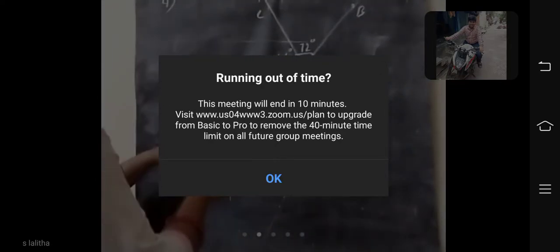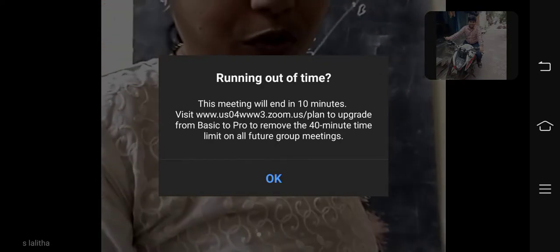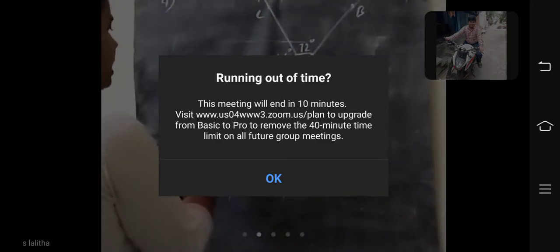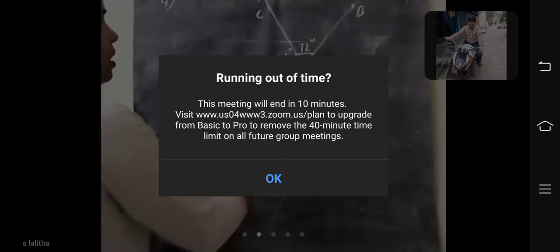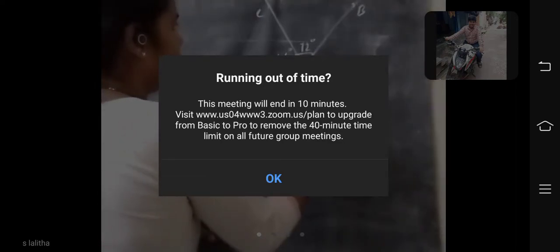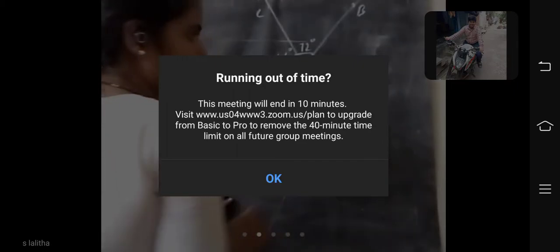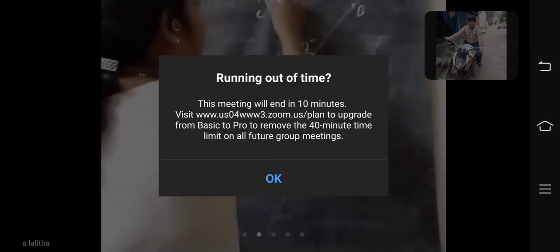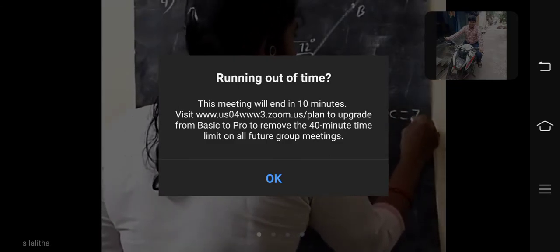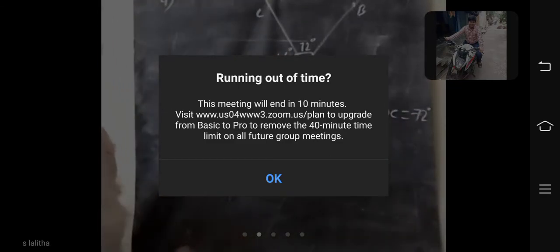Now, here you have to find first angle AOB. Here first what should you write? Given angle AOC, 44 degrees, and angle BOC is equal to 72 degrees.